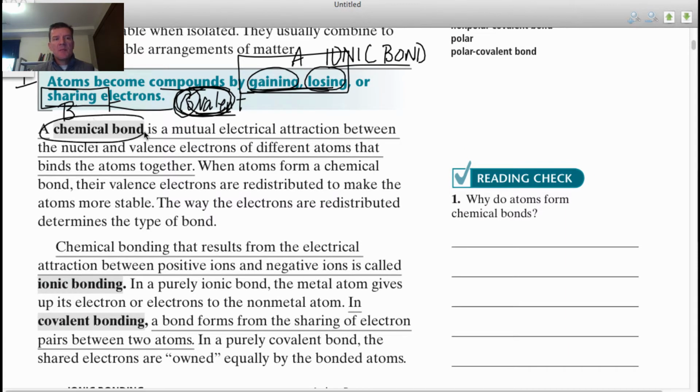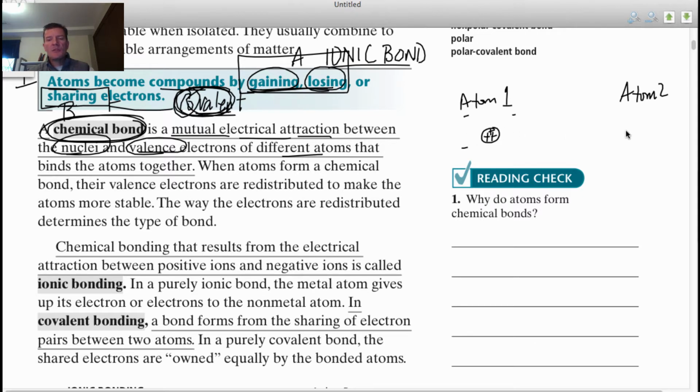These bonds, chemical bonds, you should know this definition, have this written down in your notes. It's basically a mutual electrical attraction between the nuclei and valence electrons of different atoms. So you have atom number one here, and atom number one has protons in its nucleus, and it has electrons somewhere outside, right?